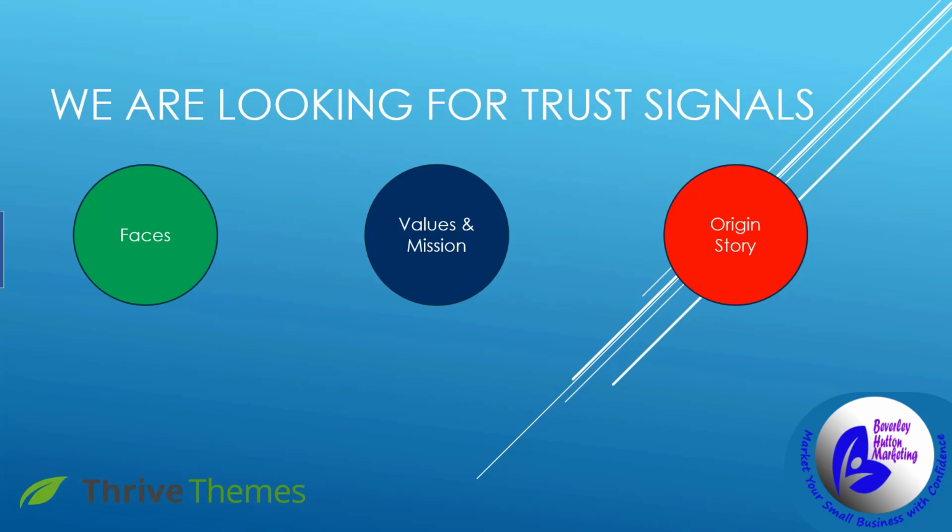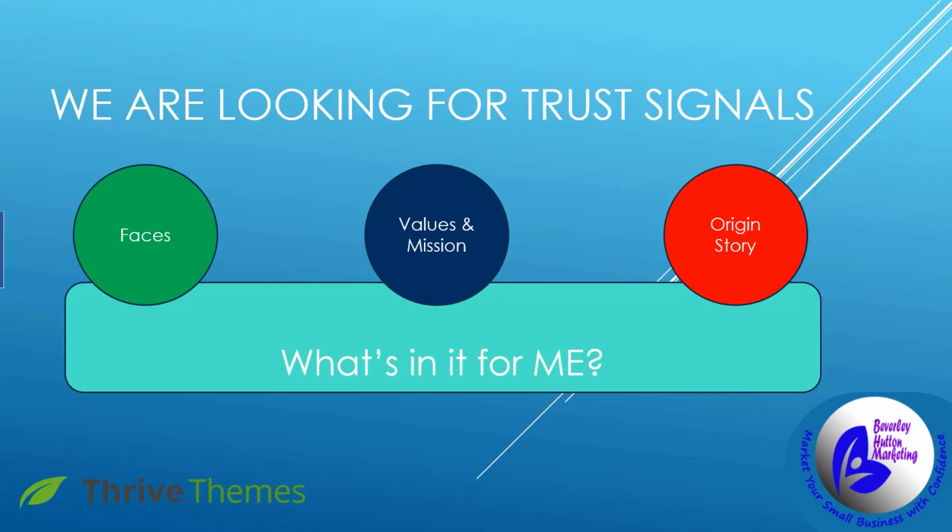But underlying this is also something we have to be aware of. This is always the question of what's in it for me. So while your About page is the page that is most about you or your business, it's still about the visitor. So the general rule that we build into a website is that the messaging is always about the visitor.